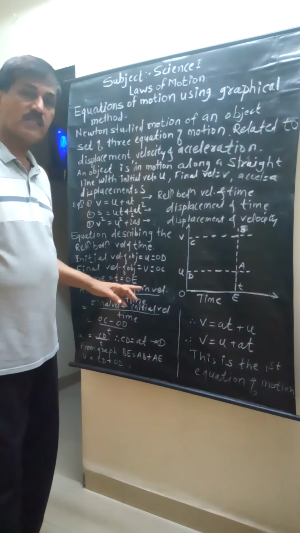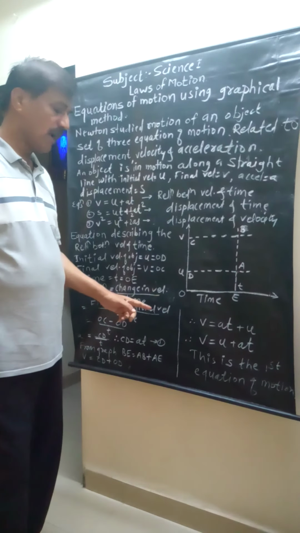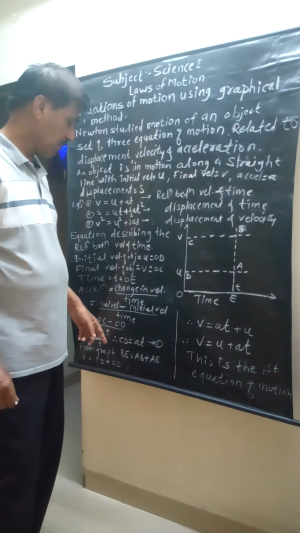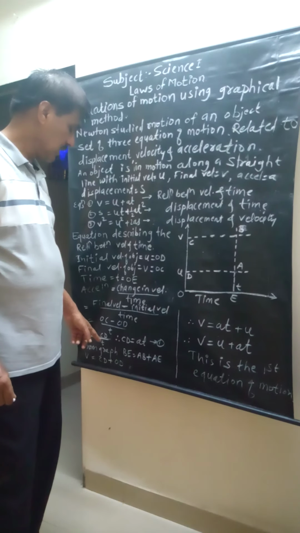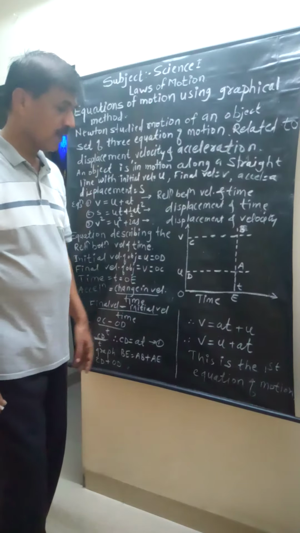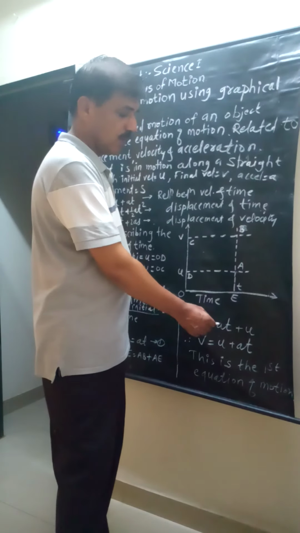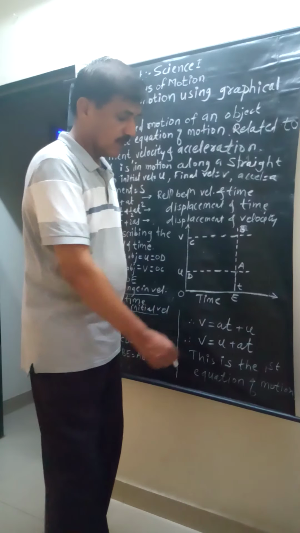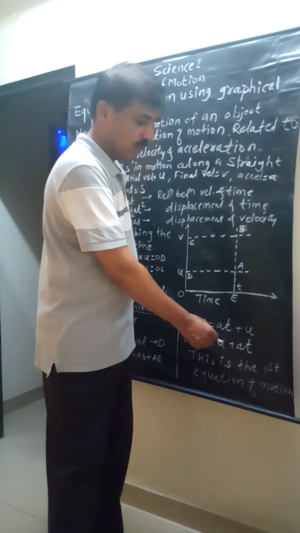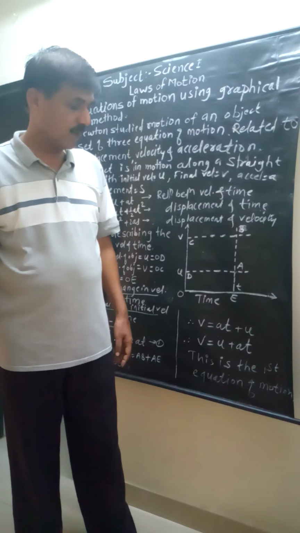And then write down acceleration. Acceleration is change in velocity upon time, final velocity minus initial velocity upon time, that is CD upon t. CD is equal to at. This is the first, and we write down the equation: v is equal to at plus u, then v is equal to u plus at. This is the equation of motion.